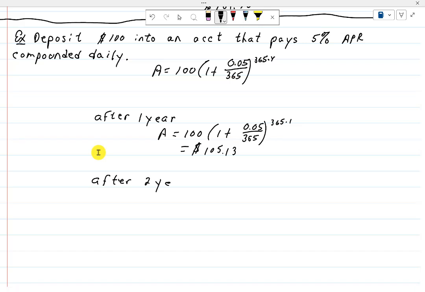After 2 years, we have A equals 100 times (1 plus 0.05 over 365) to the 365 times 2. That exponent happens to be 730.